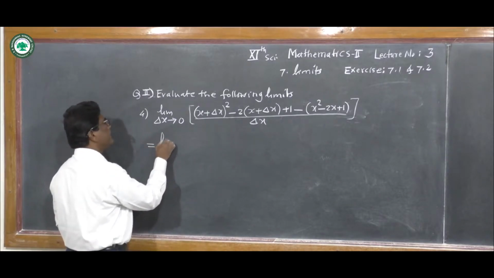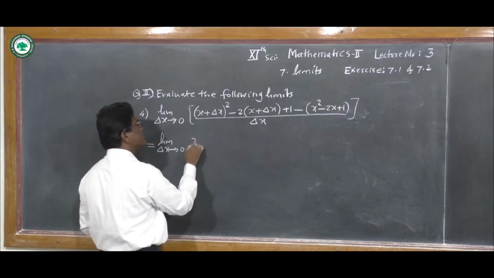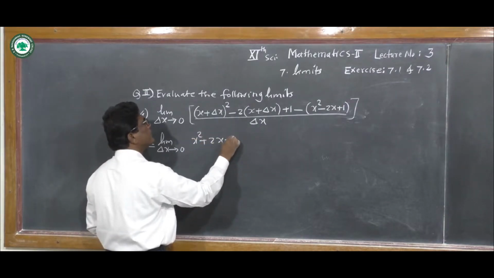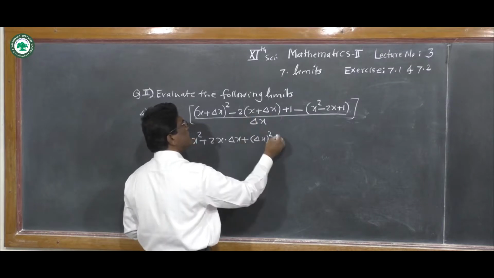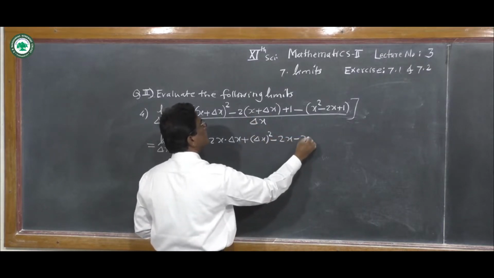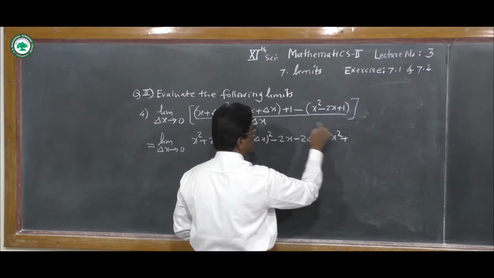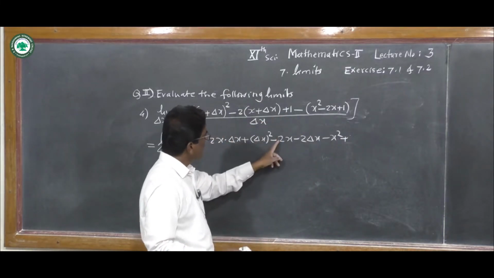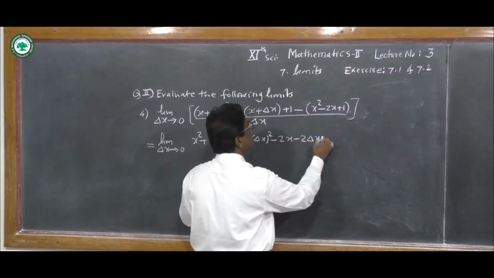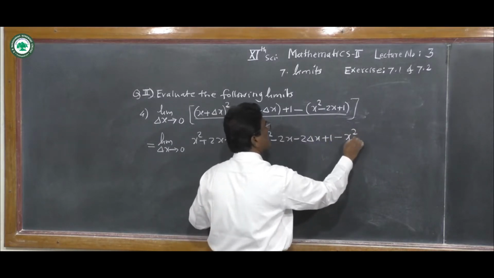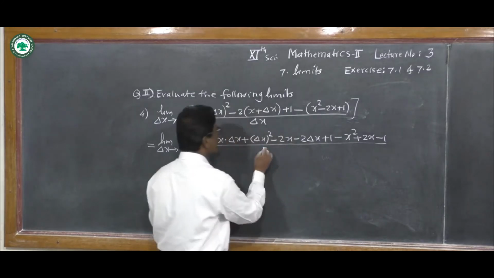So it is equal to limit delta x tends to 0 of x square plus 2 into x into delta x plus delta x square, minus 2 into x minus 2 into delta x, plus 1, minus x square plus 2x, minus 1, divided by delta x.